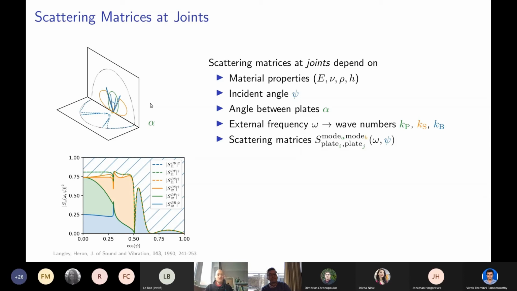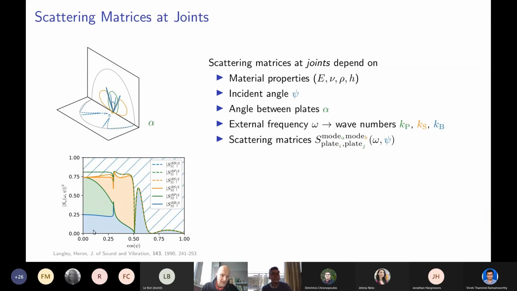Now I have to say, none of that is something we came up with, maybe apart from the Batman joke. This is all based on work by Langley and Heron from the 1990s. And here's a somewhat different representation of what I've shown up here. This is the incident angle, for a specific angle alpha.